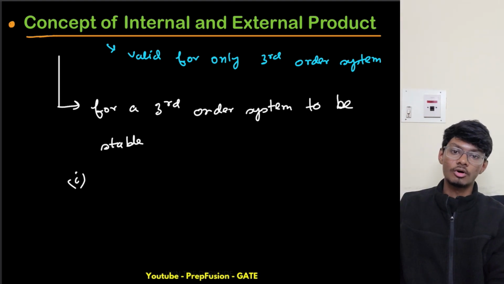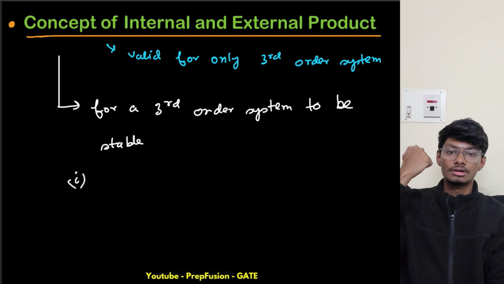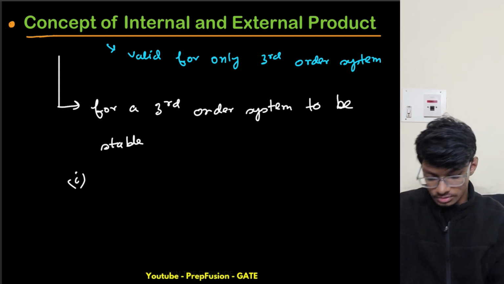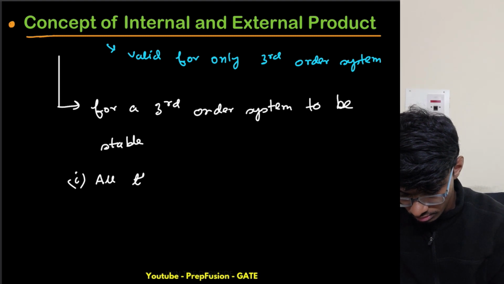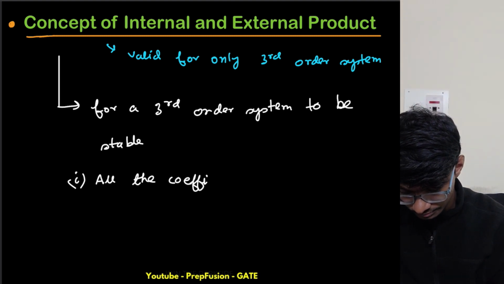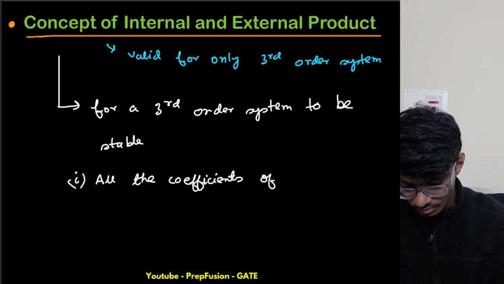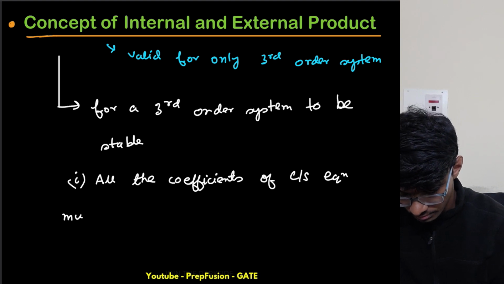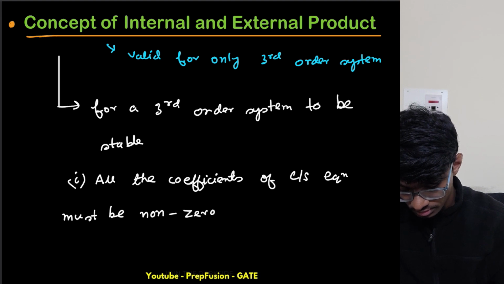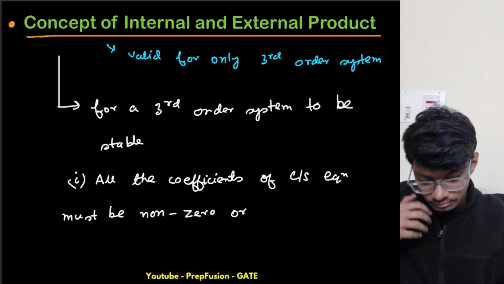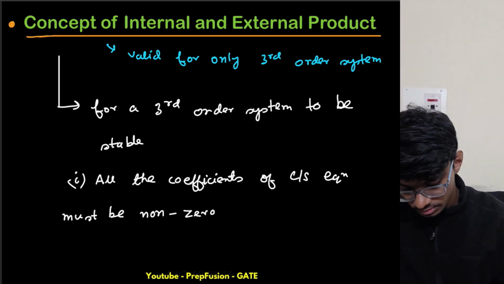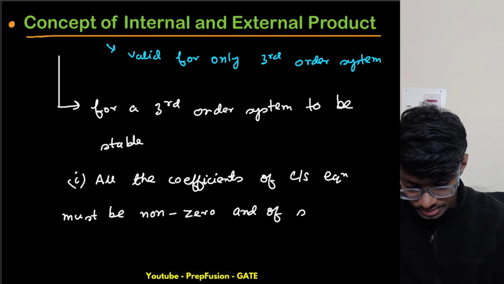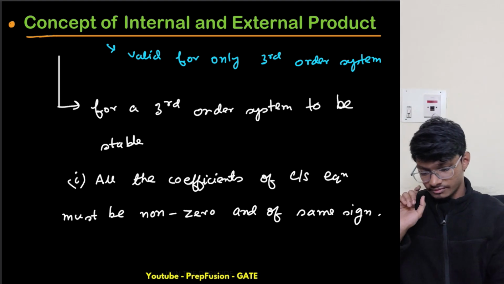All the coefficients of my characteristic equation must be non-zero and of the same sign, positive or negative. So this is the first case basically.